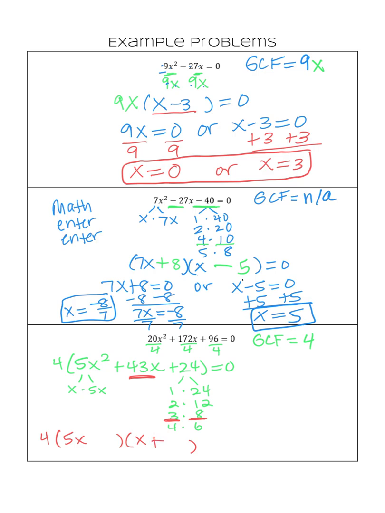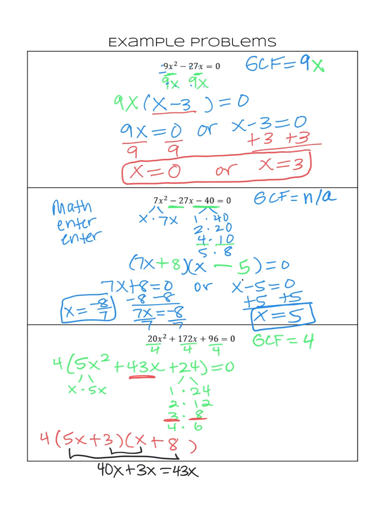So I want to multiply the 5 by the 8, and then I'm going to add 3. So let's just go ahead and verify. 5x times 8 is 40x, and 3 times x is 3x. 40x and 3x is 43x.